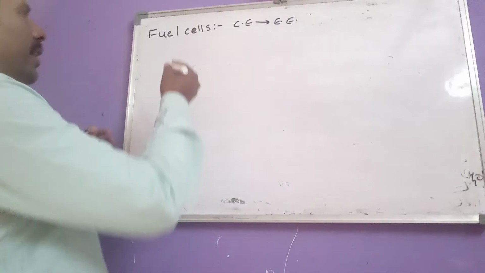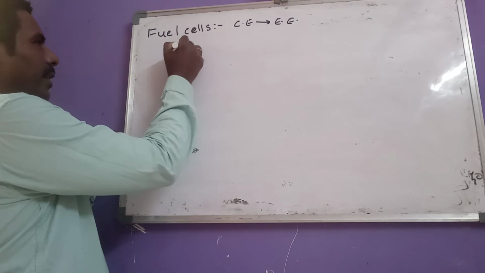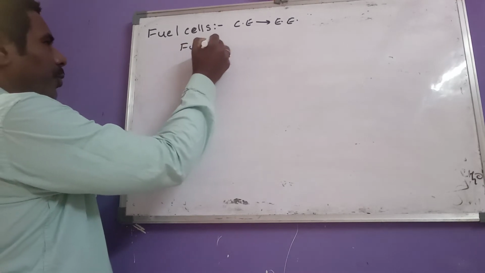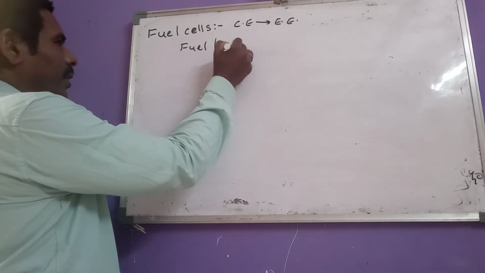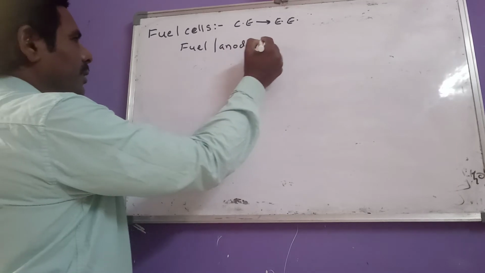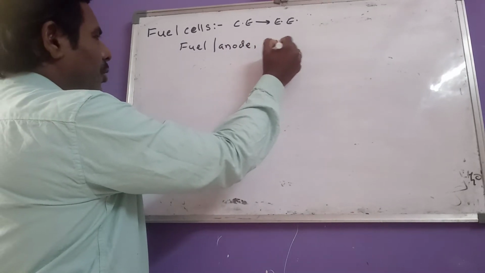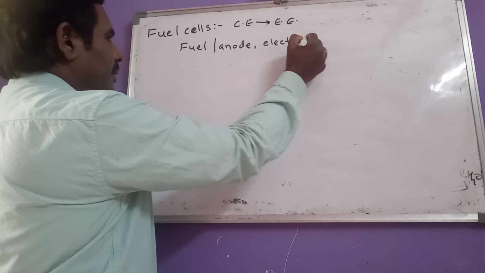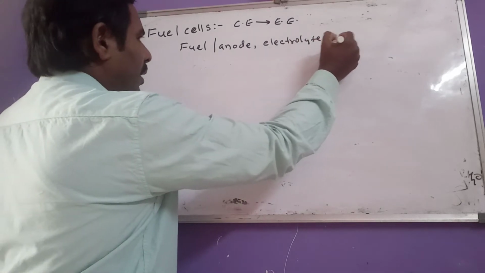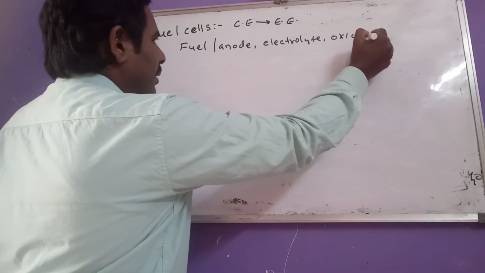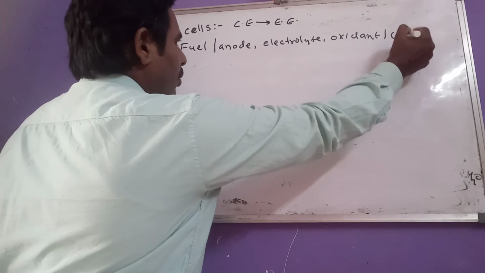Let us see here. A fuel cell represented like this here: fuel, anode, electrolyte, oxidant, cathode.